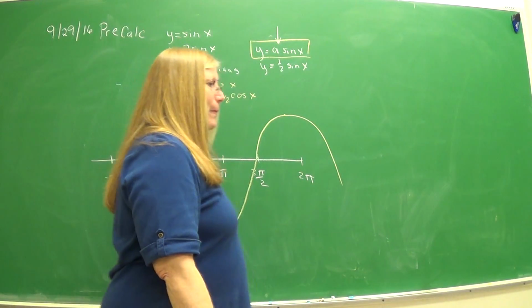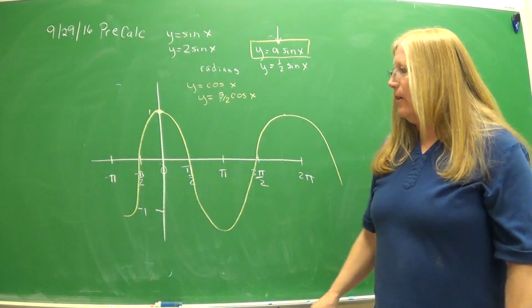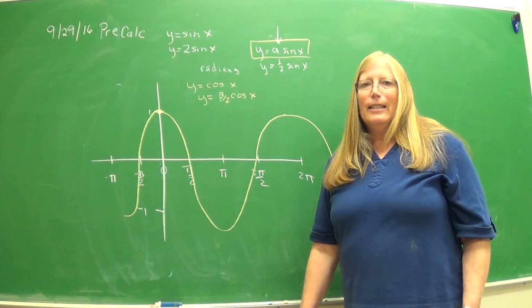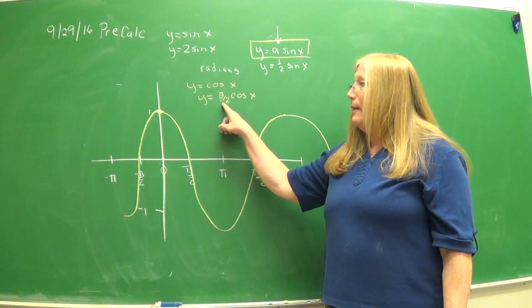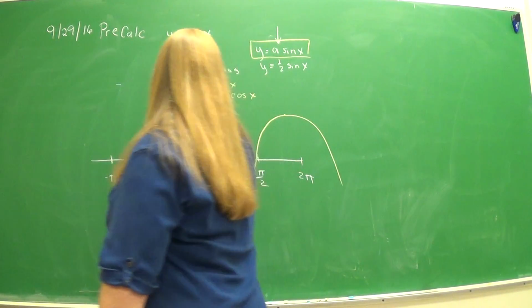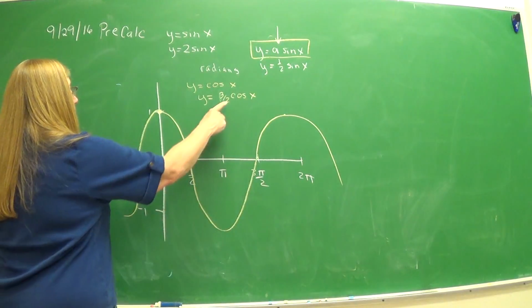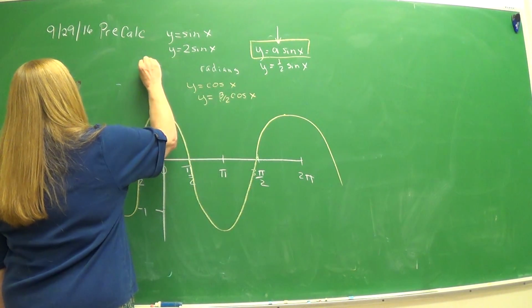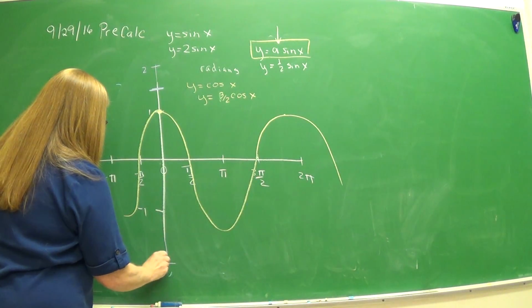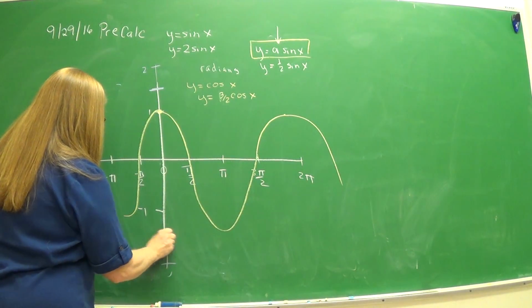What do you think will happen to the graph, having seen all this in reference to the sine curve? It works the same. This is the amplitude of the new cosine curve. Instead of going up to 1 and down to -1, it's going to go up to 1/2, somewhere right there, and down to -1/2, somewhere right here.